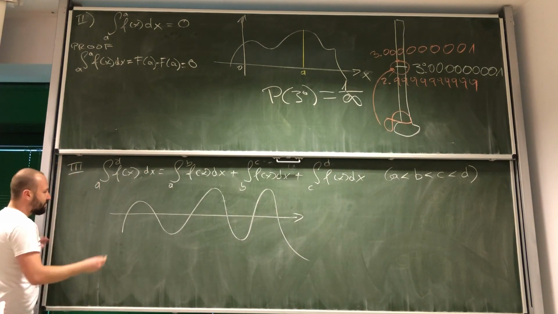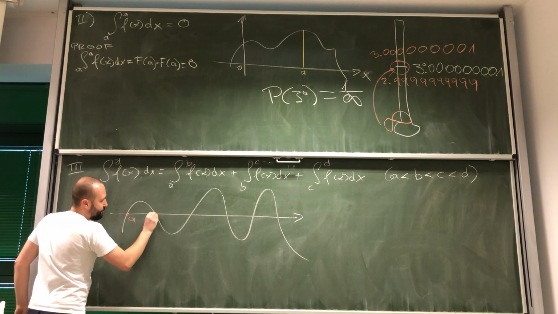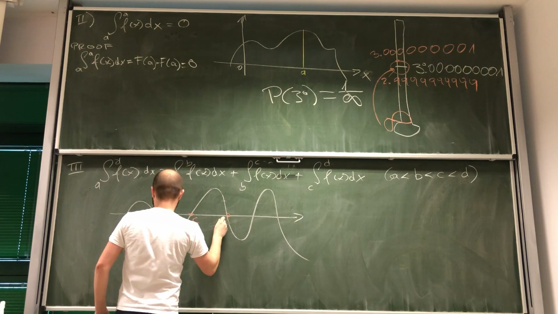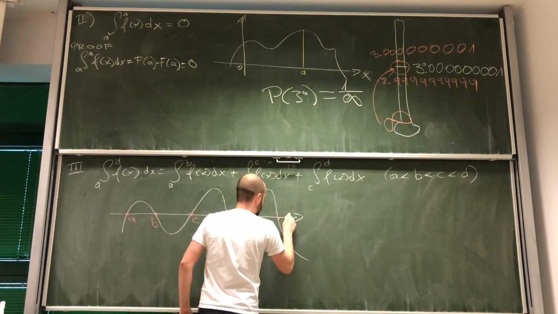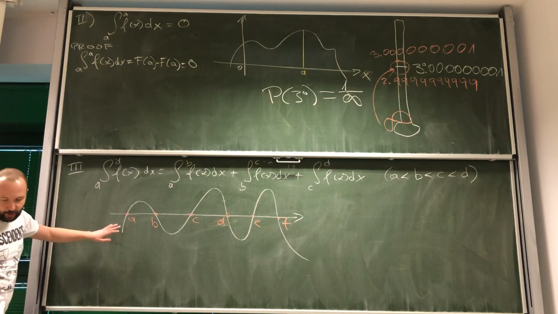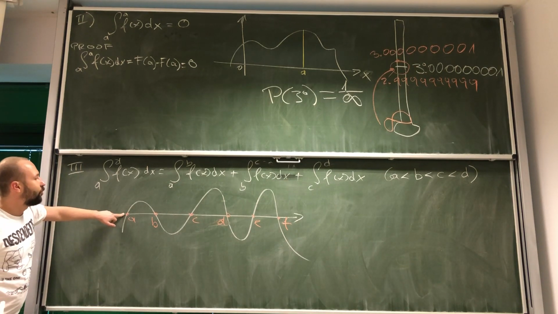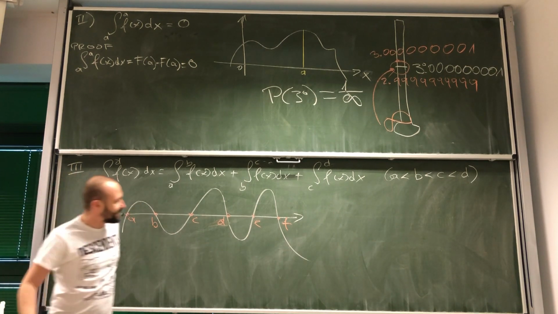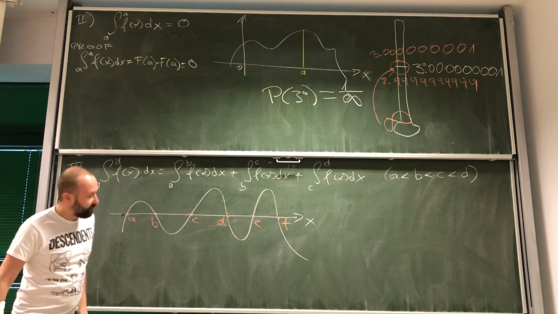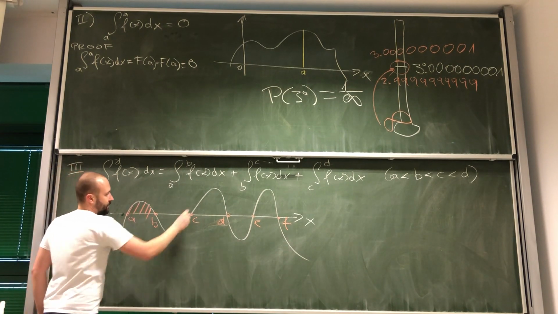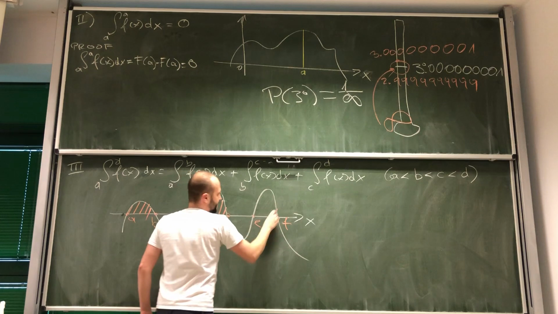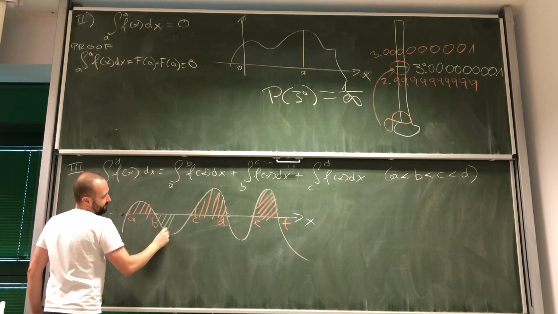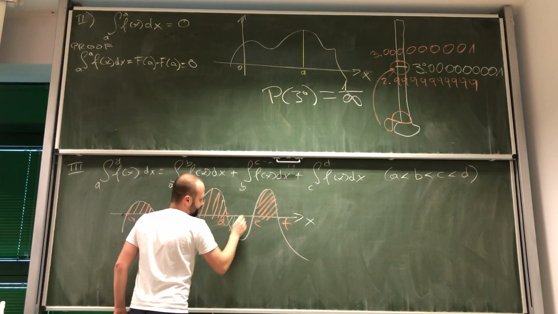Probably to choose some A, B, C, D, E, and F. And look, if we are supposed to find the area between the function and the x-axis, we need to find this, and this, as well as this and this.